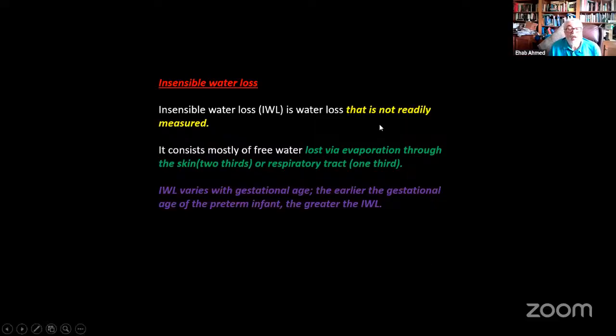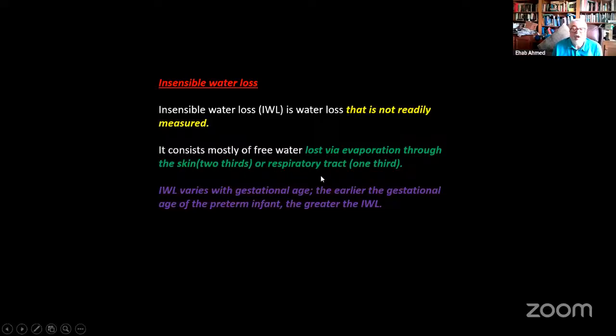So insensible water loss is this fraction that is not measured. It is mostly either evaporation through the skin, which can be as high as two thirds, or the respiratory tract and mucous membranes. It depends on gestational age, and the more the baby is preterm, the higher the insensible water loss.